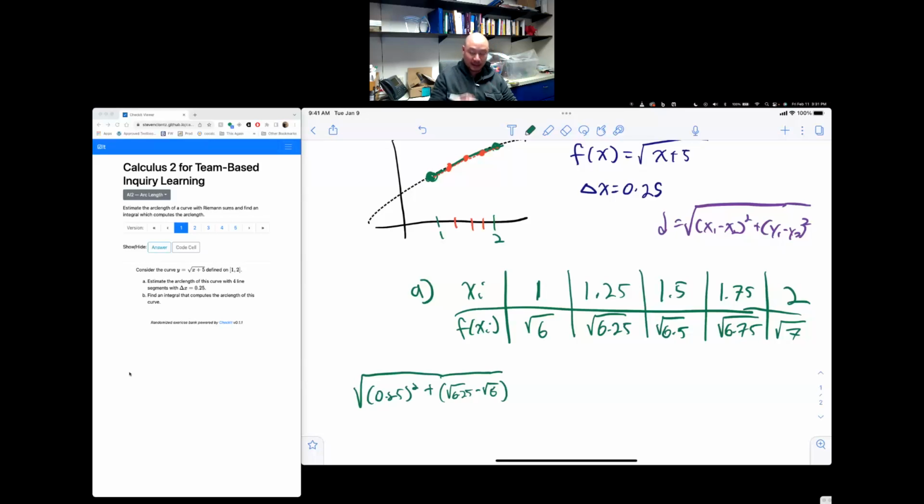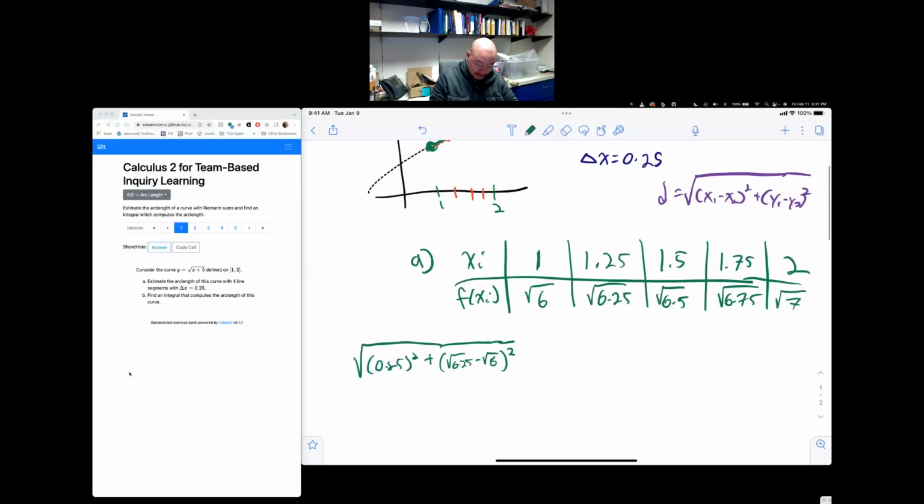And all of this under the radical gives me the length of my first segment. And I can do something similar for each of the other 3 segments.